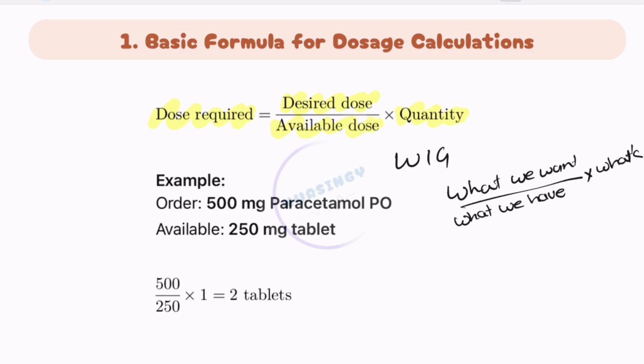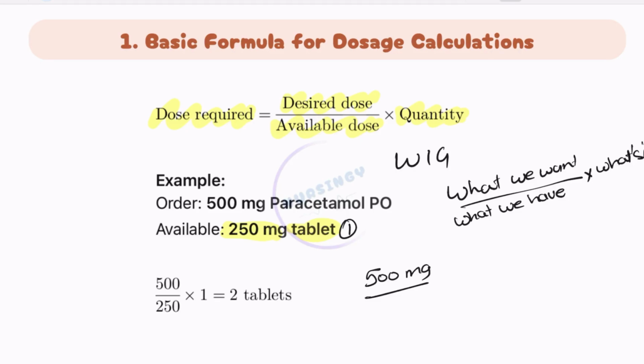So for example, if the patient order is 500 milligram paracetamol per oral and available is 250 mg tablet. When it says tablet, it means one tablet. So what we want is 500 mg, and that is our desired dose.